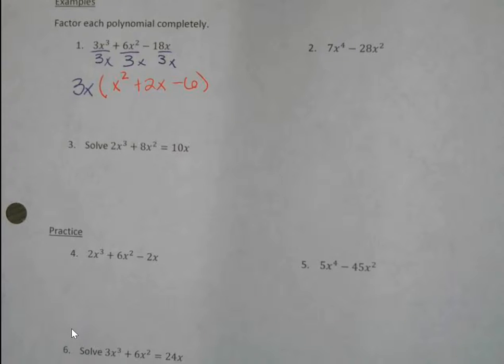No. 6 and 1? Do those give me 2? No. So nothing works, so I'm just going to leave it just like this. I'm going to leave the 3x outside, and then I can't factor anymore. So it's going to stay just like that.